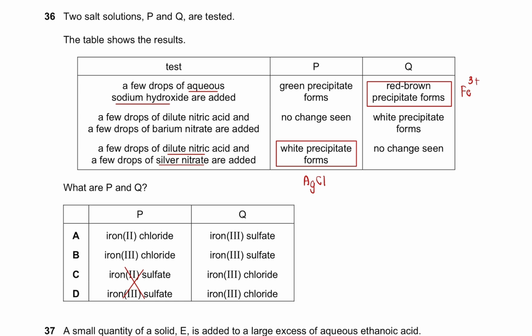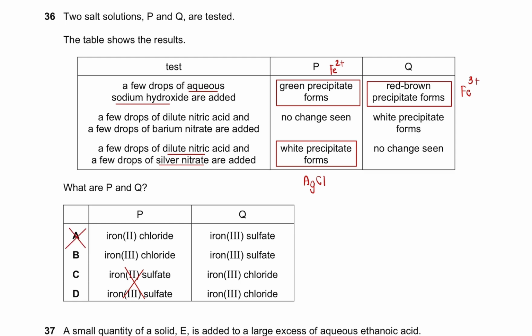And if a green precipitate forms, same thing, it represents the presence of iron 2+. So that means the correct option will be A.